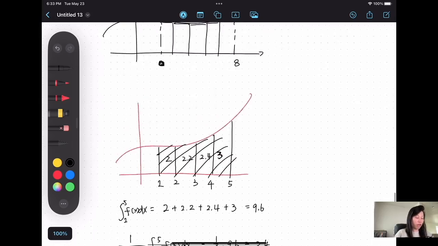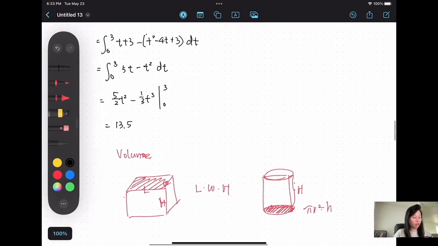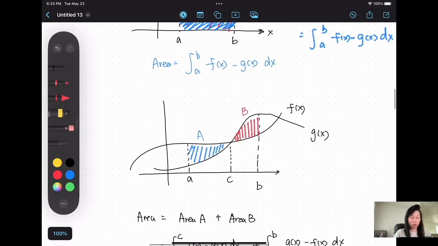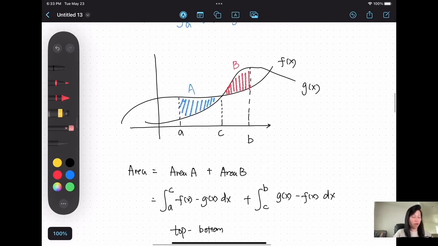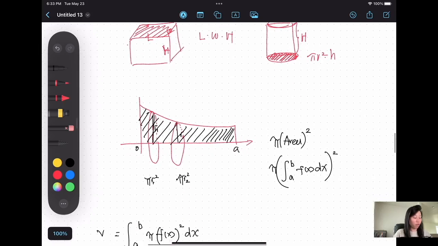Okay, so let's recap. In this chapter, we learned 3 things. The first is how to find the area between 2 curves. We use the upper curve, subtract the lower curve, and find the integral of that. Sometimes we need to divide it into multiple parts, like part A and part B. Then for volume, we know the volume is formed by multiple circles, and we just stack these circles together.